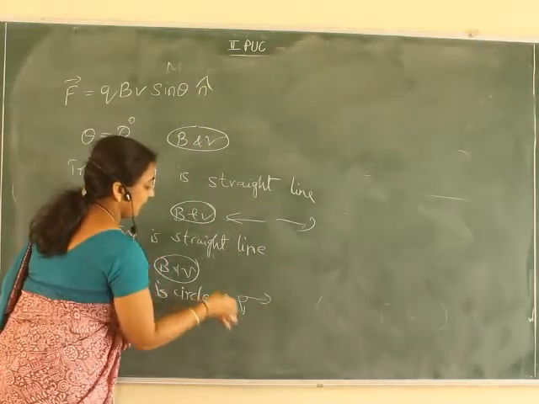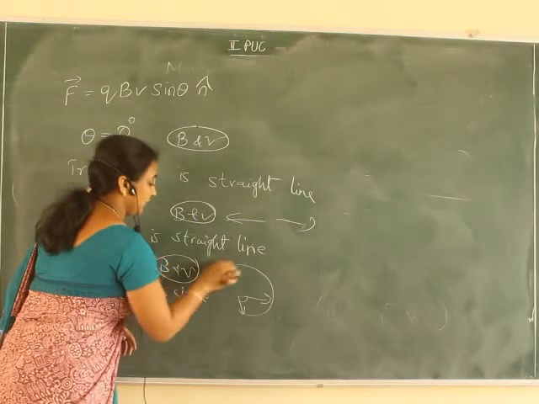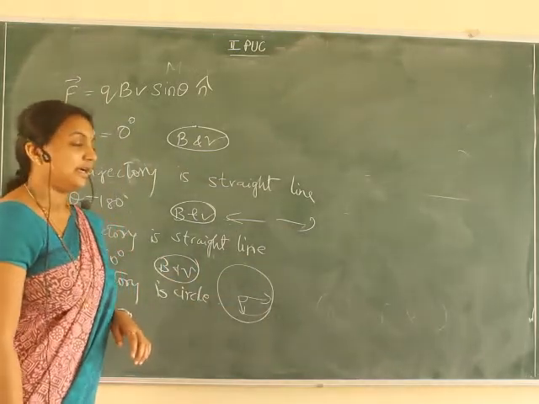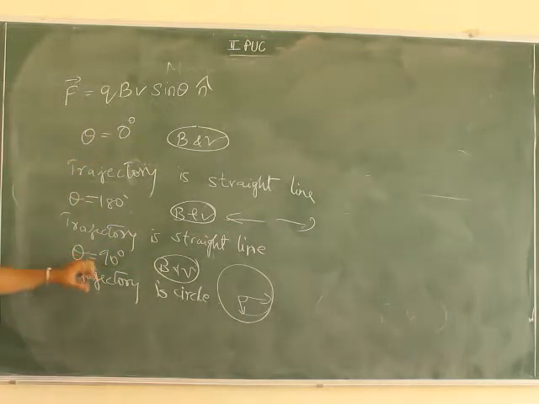If it is 90 degree, then it will try to move in a circle. Correct? We can explain it in the next derivation. So when we solve the derivation next, you can understand it.